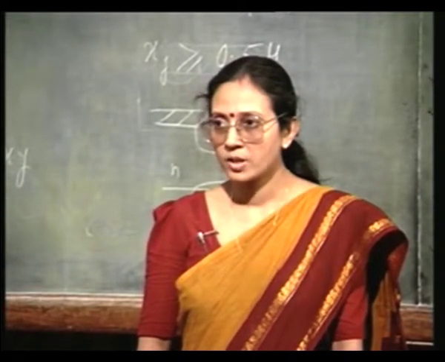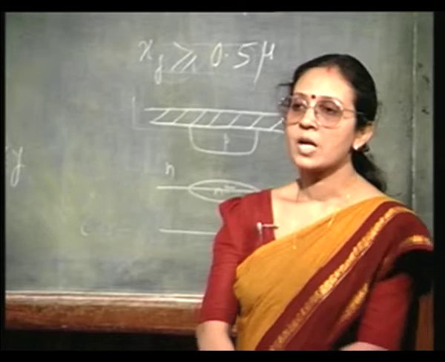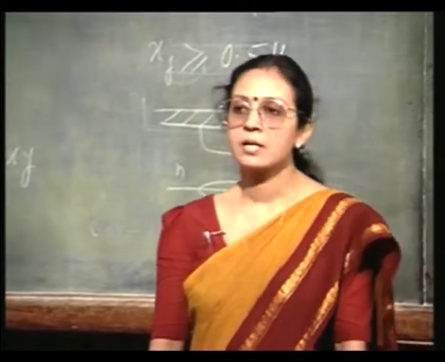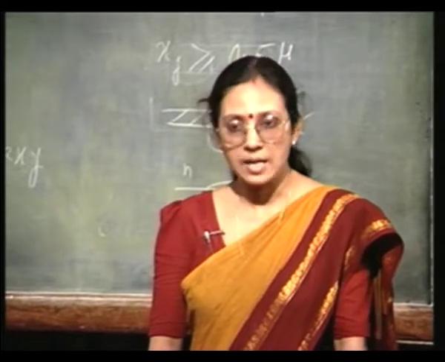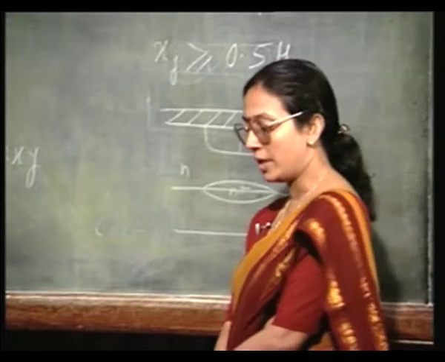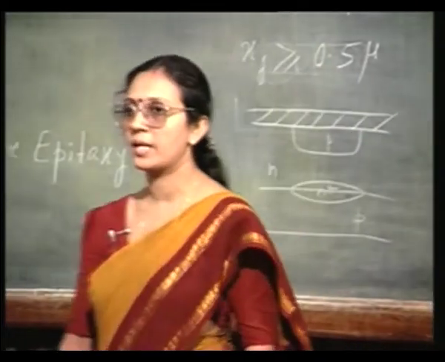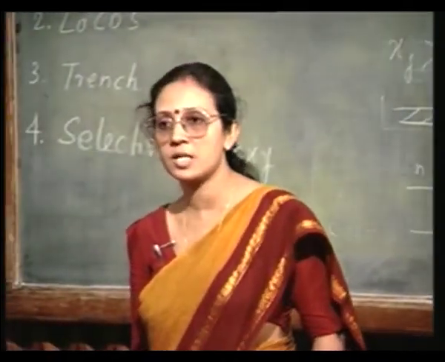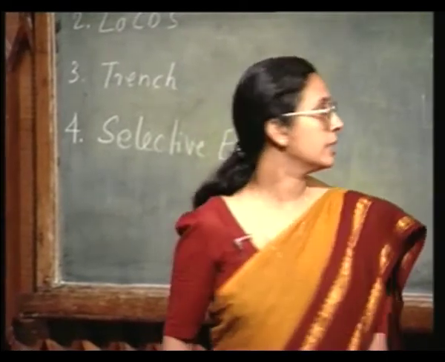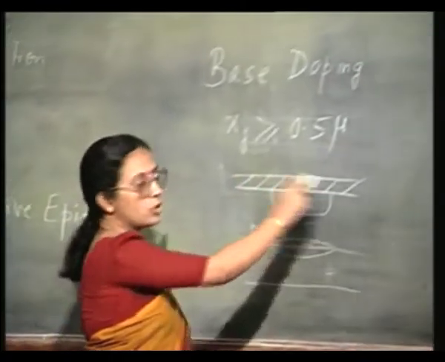So, I have to anneal out the damage in an inert ambient. And also remember, it is not just the annealing step, any subsequent oxidation step will give rise to dislocations. So, how do I then realize this oxide on top of the base?